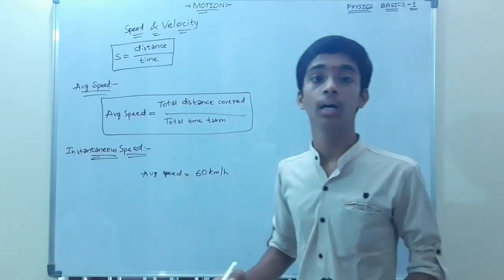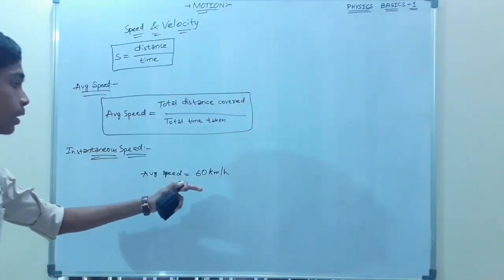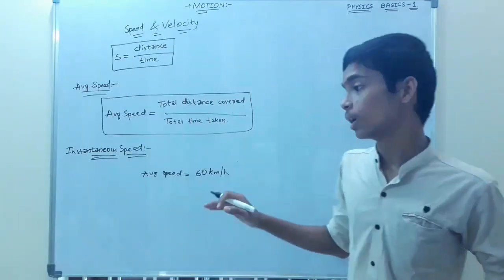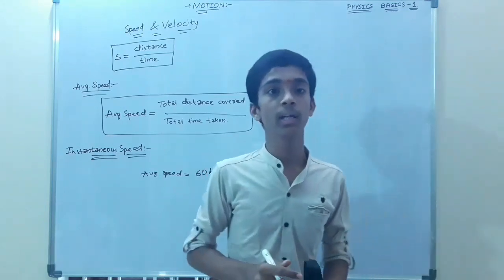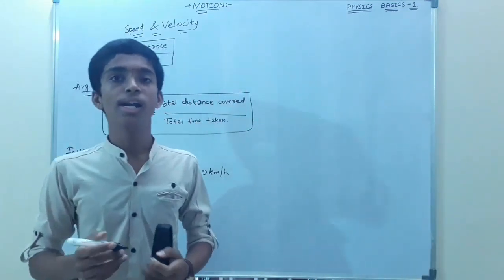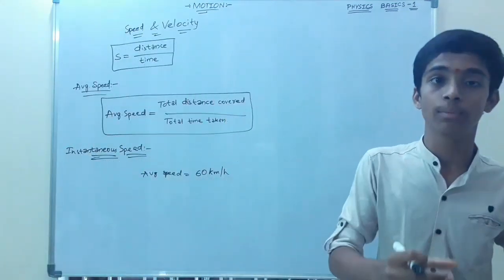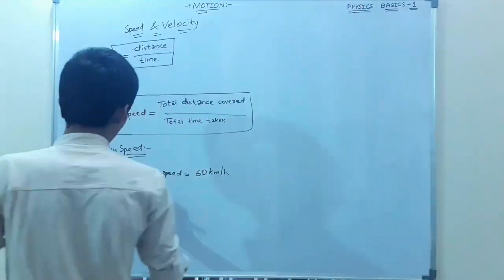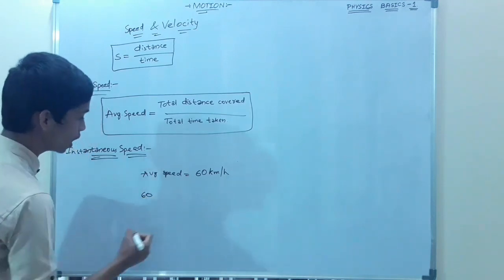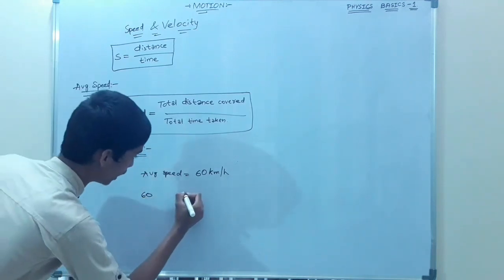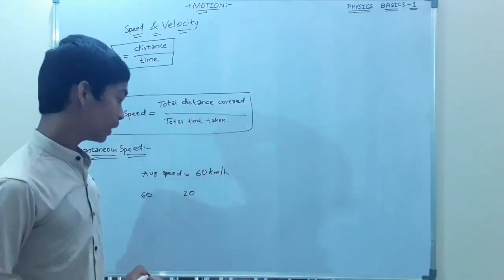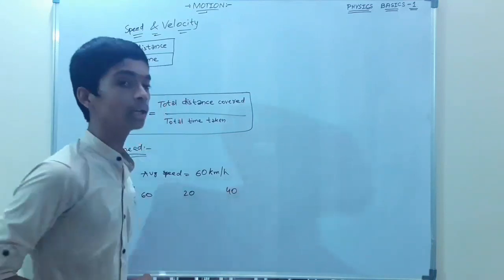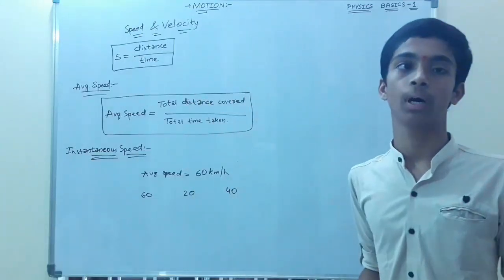But is he guaranteed to travel at the same speed, that is 60 kilometers per hour? No. At some instant of time the speed may vary. At some point he may go 60, at some point 20, or at some point 40 kilometers per hour.